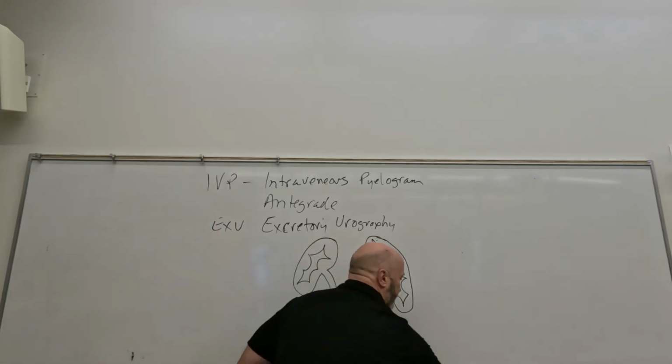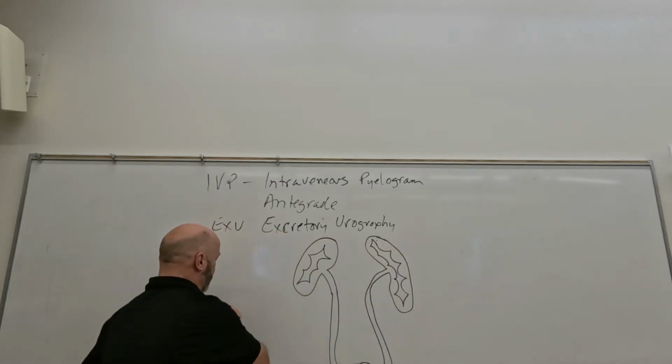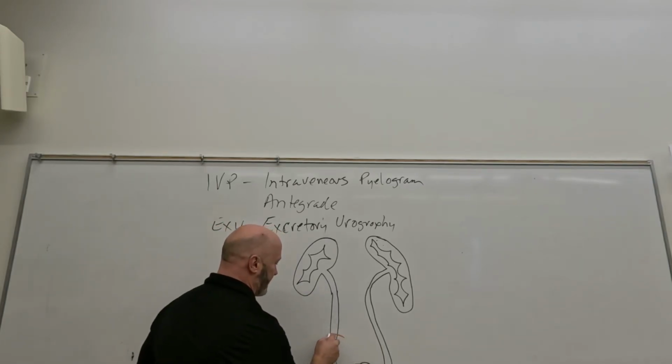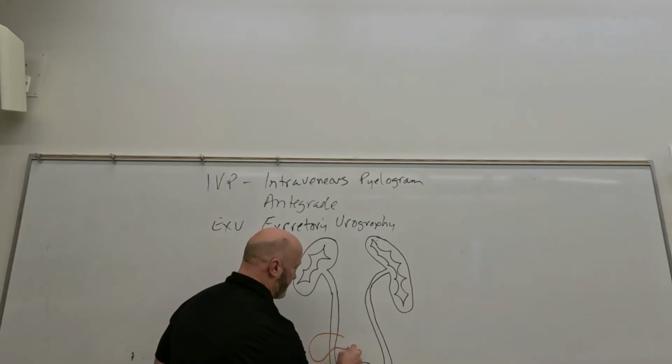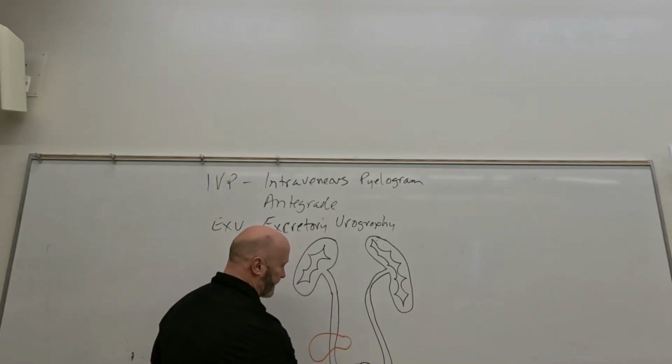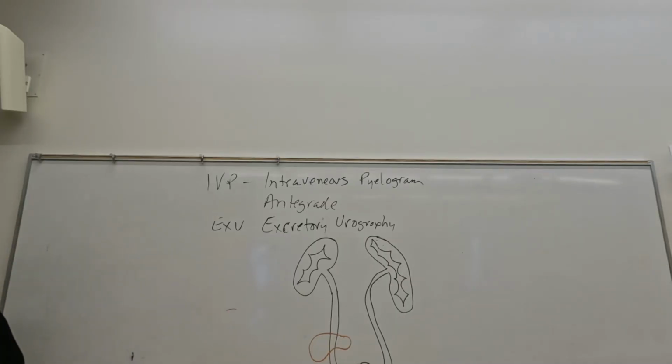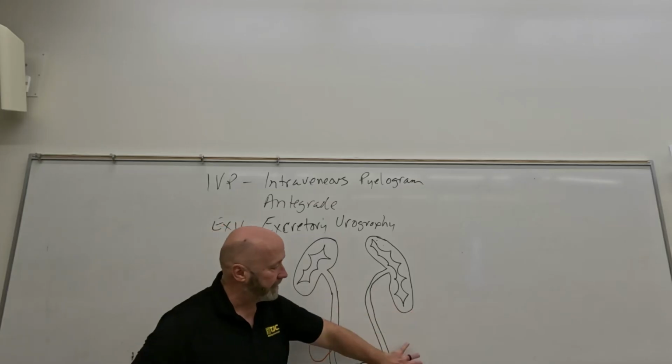So if they replace a kidney, they'll put the kidney down in the pelvic cavity and point it so that it drains directly into the bladder. Okay, that's need-to-know information, right? Sometimes patients won't tell you that. Sometimes they won't tell you that they have a kidney out of place. Sometimes a patient will have a kidney way down here.